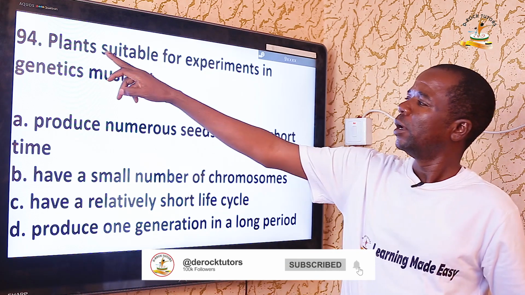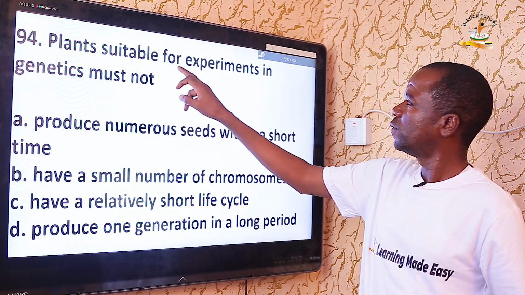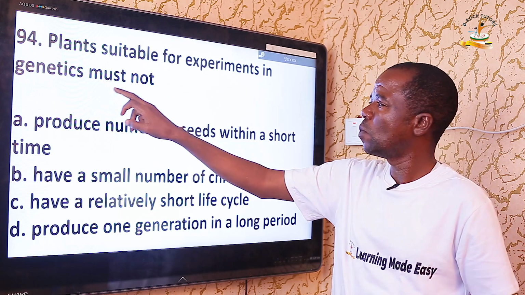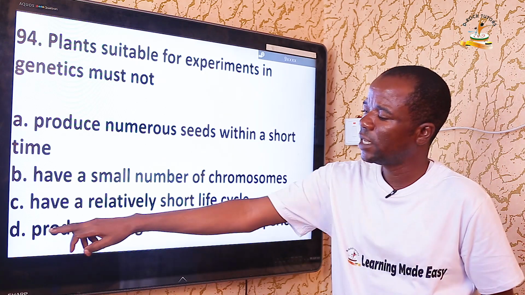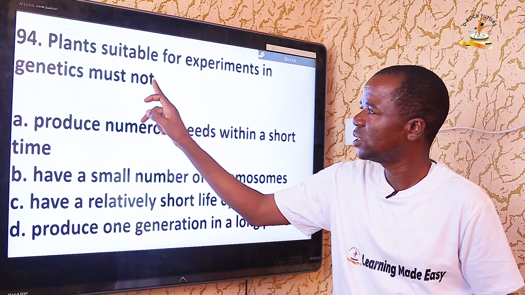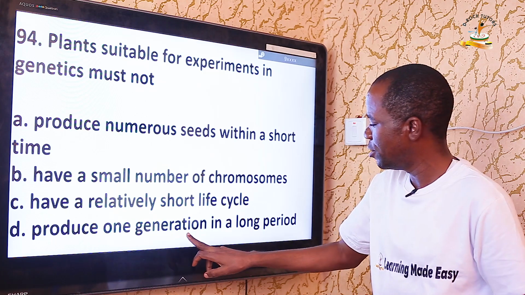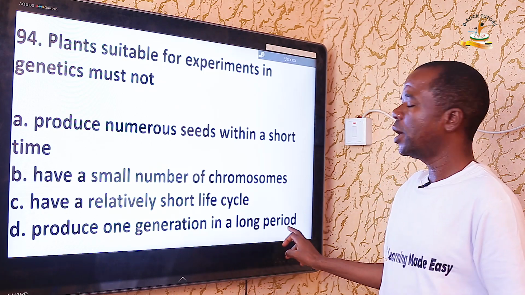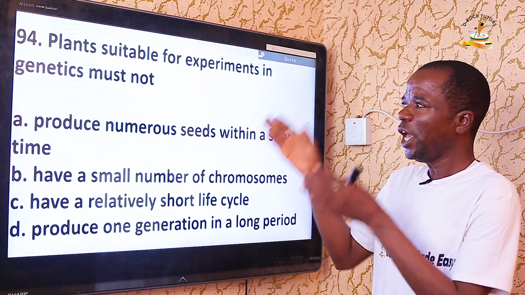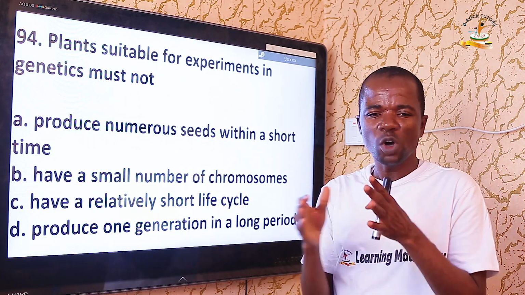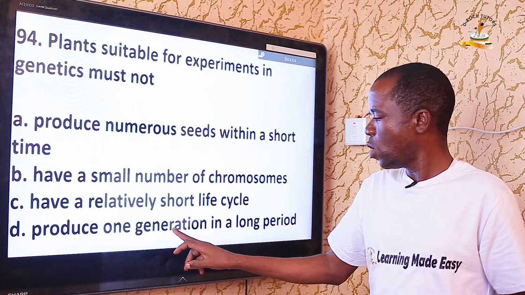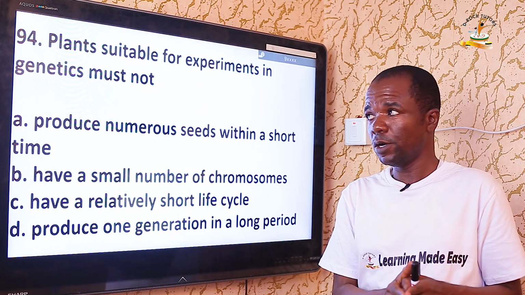So let's come back to the question now. Plants suitable for experiment in genetics must not. If you look at the options here, the correct answer will be option D. Must not produce one generation in a long period. A plant that is suitable for experiment in genetics must be able to produce one generation in a short period.